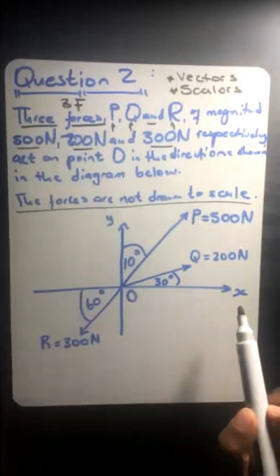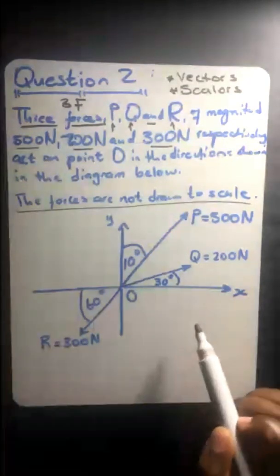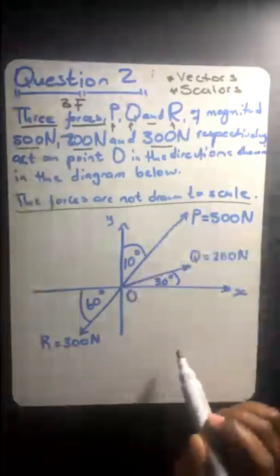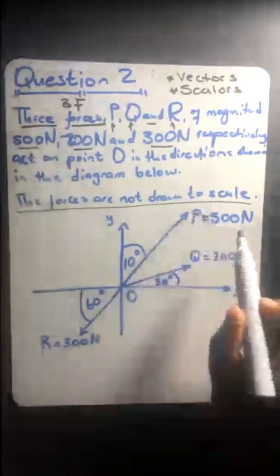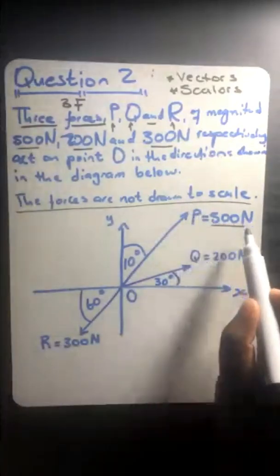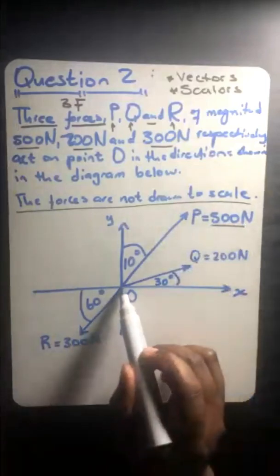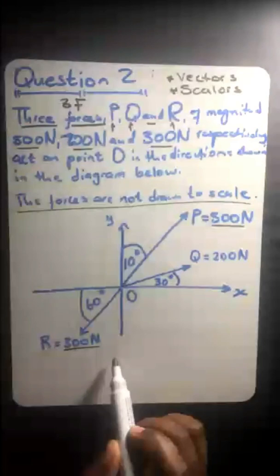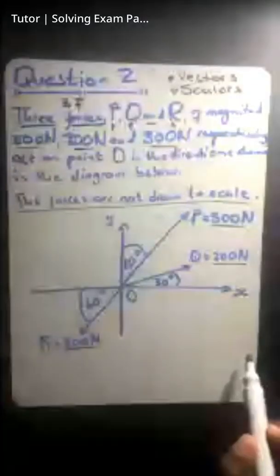So sometimes when they draw this type of diagrams, you will notice that the diagram with a longer arrow, or with that long line, is the one with a bigger force, and then that one is a bit longer, it's 300. You'll find that maybe it's a bit longer than this one with 200 newtons.